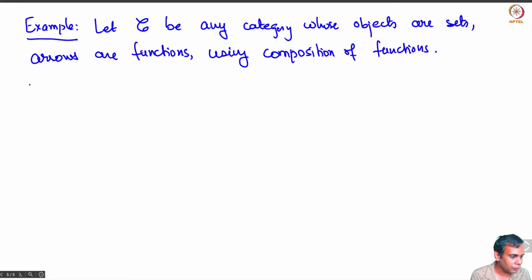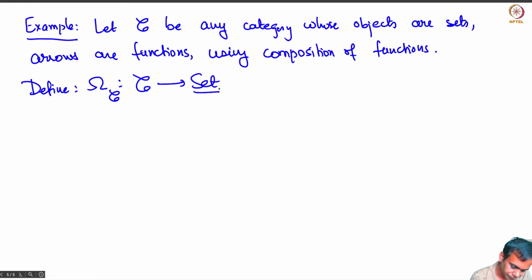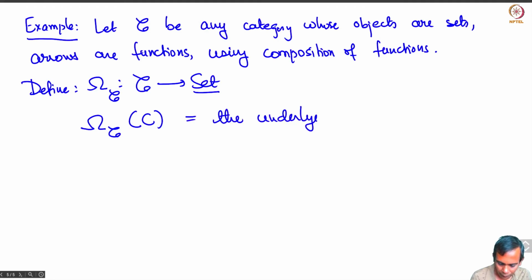Okay, then define a functor from C, maybe I'll give it a name, I'll call it omega of C. It's from C to the category of sets, which takes for every object C the underlying set C. So C a priori is an object of the category C, but I just stipulated that every object of the category C should be a set.